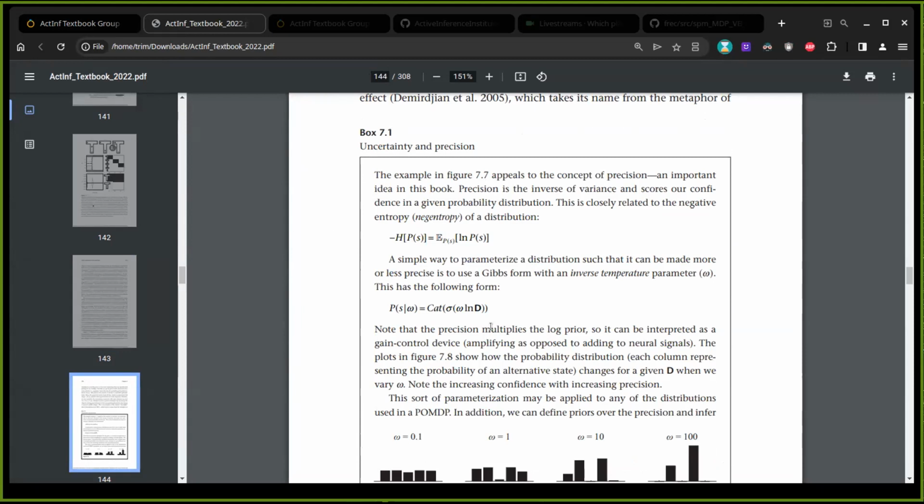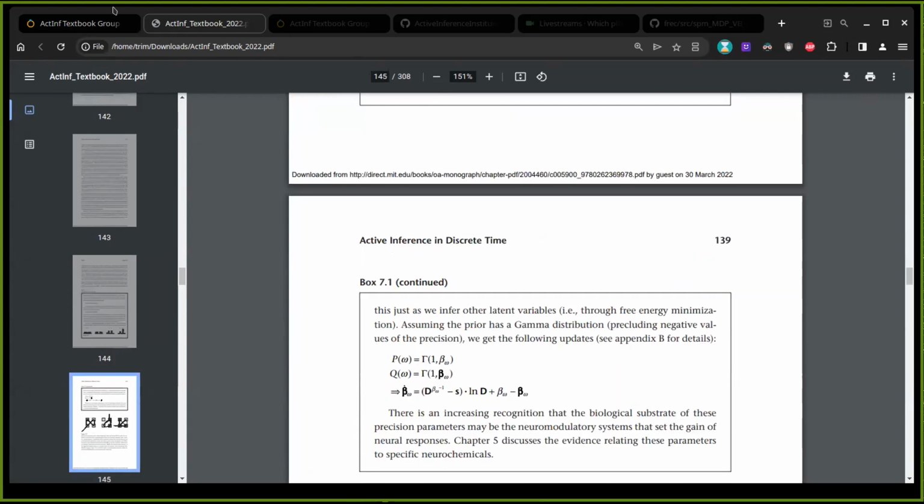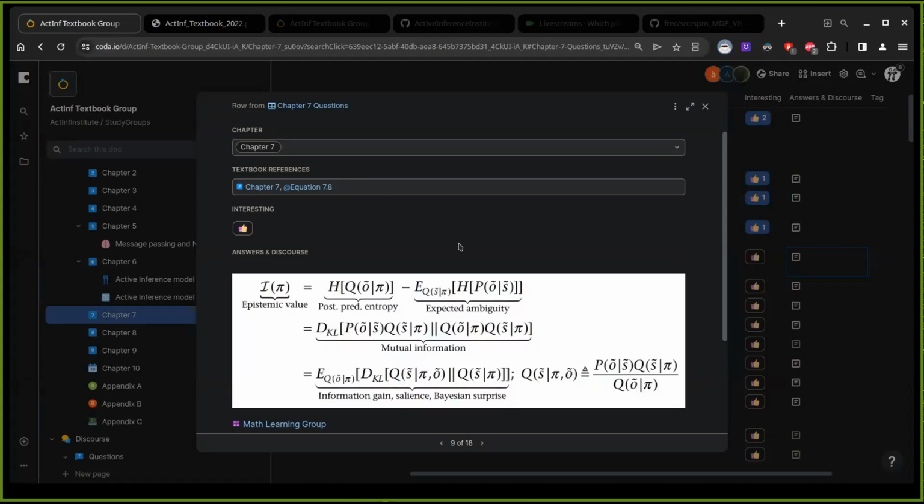In case anyone wants to further explore the derivation of epistemic value and its implications, I highly recommend one of the earlier papers by Friston et al., namely Active Inference and Epistemic Value from 2015.